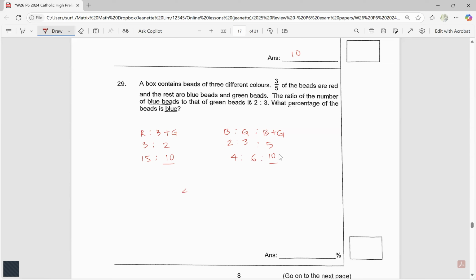So blue is 4. The total would be 25. So 4 over 25, you want percentage, times 100%. So 25 and 100 you can simplify, divide by 25. This is 4. So 4 times 4 is 16%. Okay, so answer 16%.